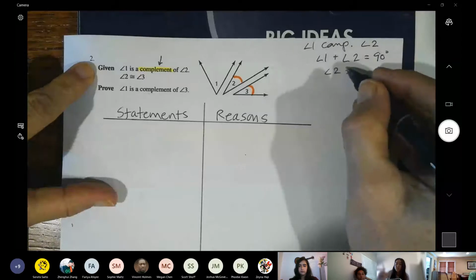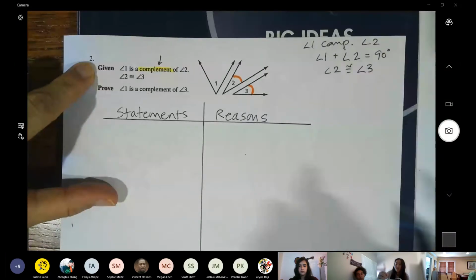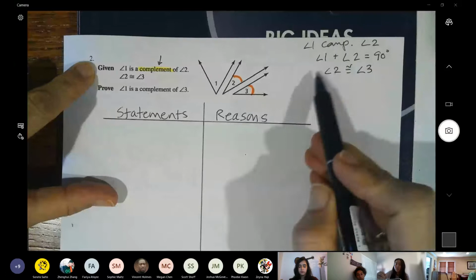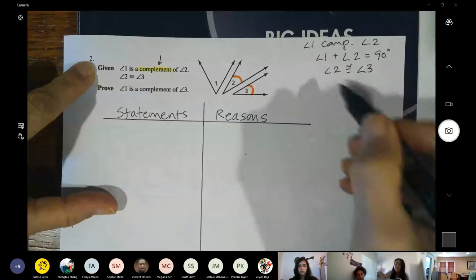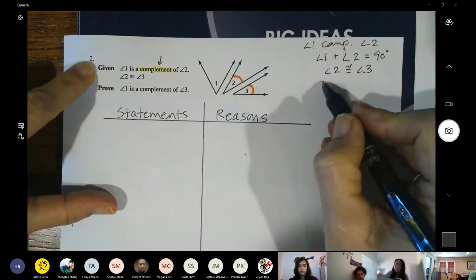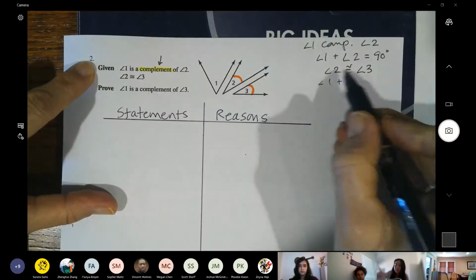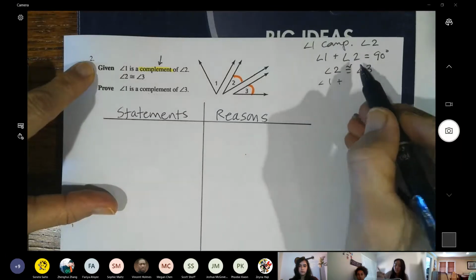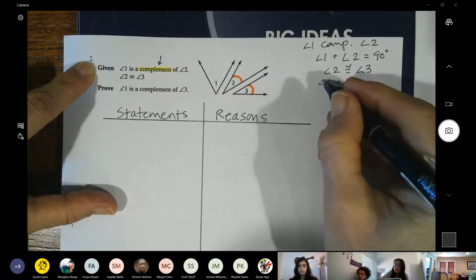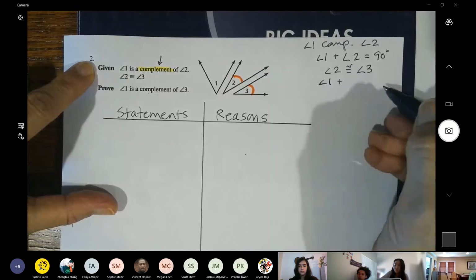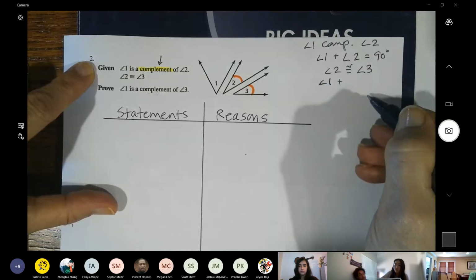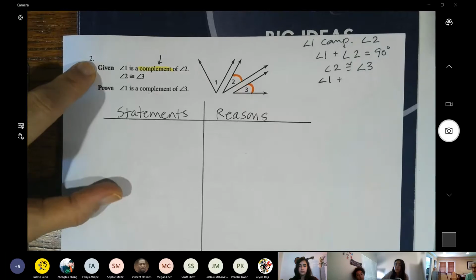So if 2 is equal to 3, what can I do next here? Think back to algebra.